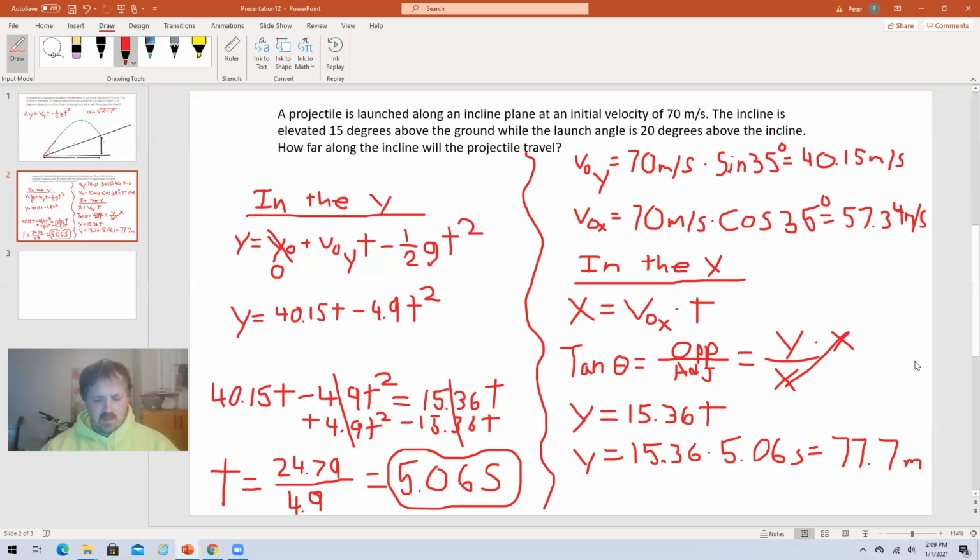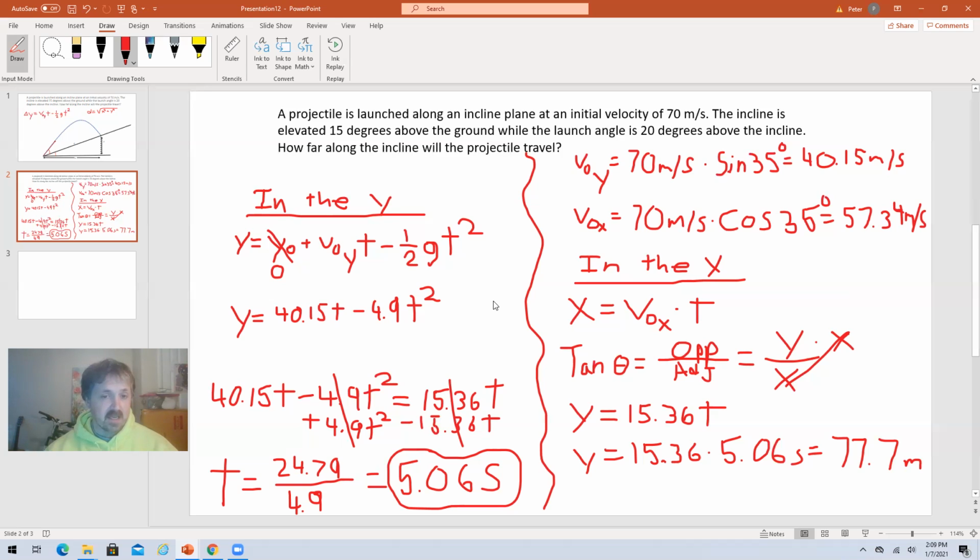So just out of curiosity, to see if I had any glaring rounding errors or made any mistakes, and this is a good way to check yourself when you have these two equations that should equal the same thing, let's see if y also equals this, or gets reasonably close to it, when we punch 5.06 into these t's. Okay, so 40.15 times 5.06, minus 4.9 times 5.06 squared.